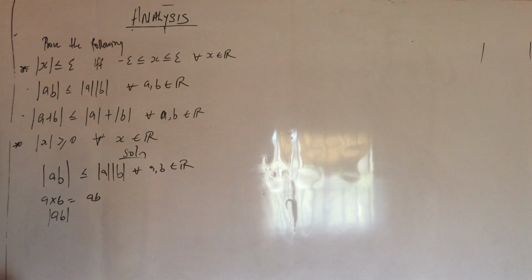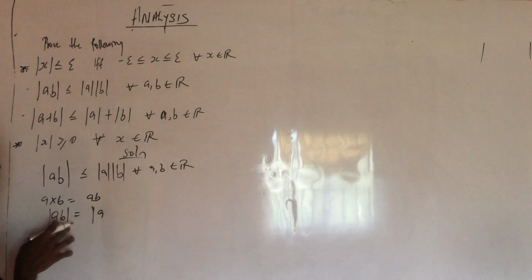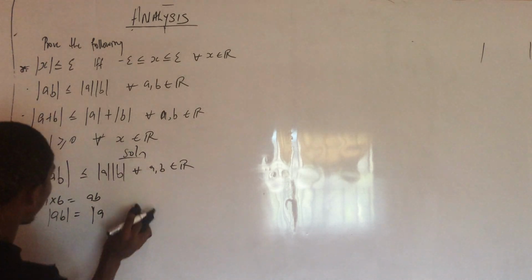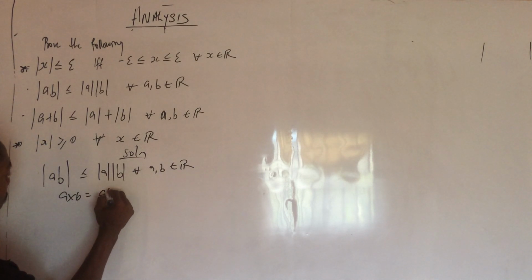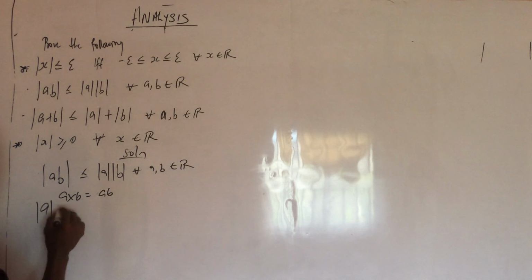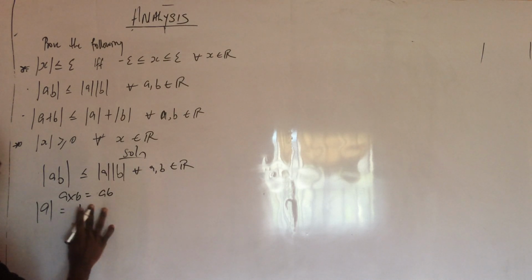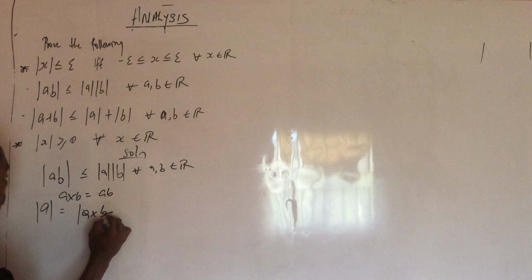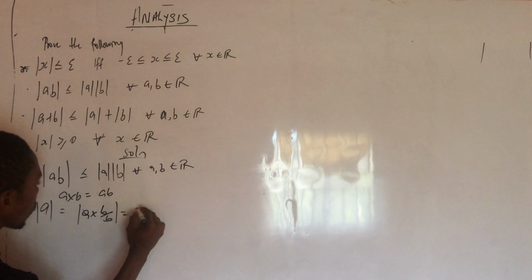Let me say a multiplied by b is equal to ab. Now, the absolute value of a is equal to the absolute value of a times b over b. Now, this is equal to the absolute value of a.